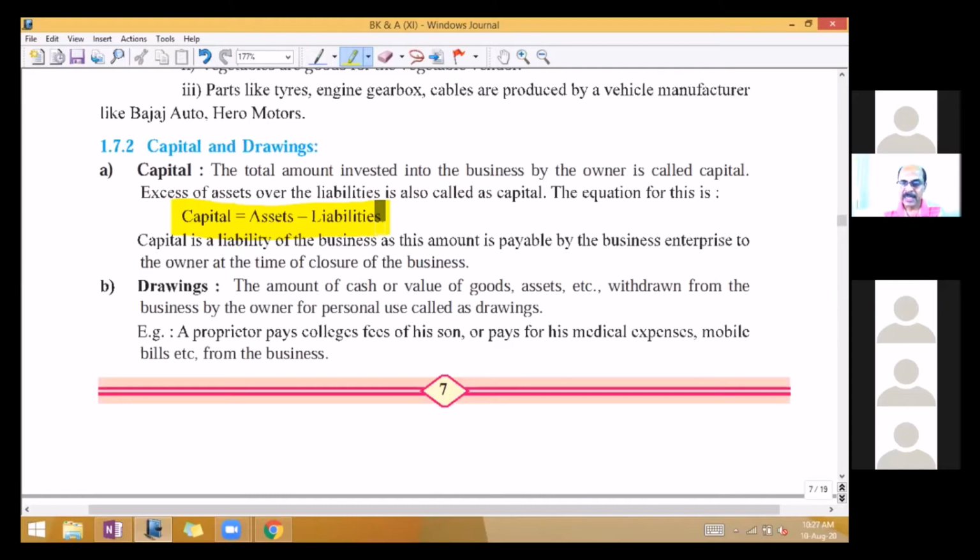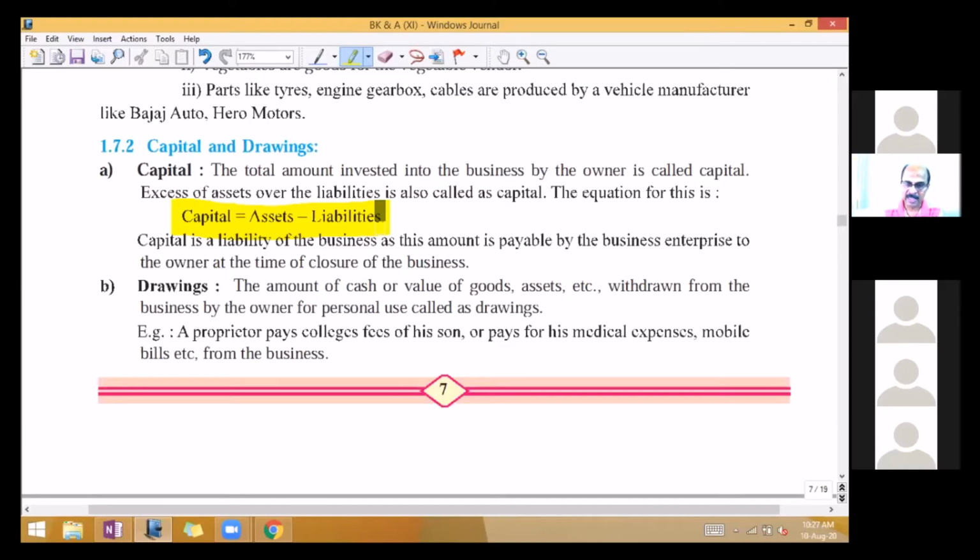So you need to know exactly what is the meaning of capital. Add the word assets to it, add the word liabilities to it, put them together and form this equation. Capital is equal to assets minus liabilities. So have you got this, students, now the meaning of the word capital?